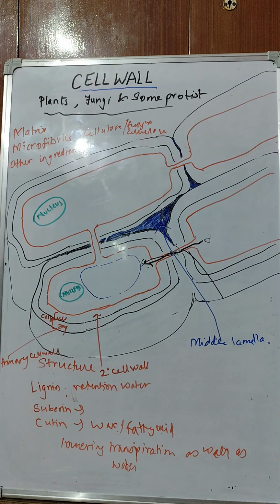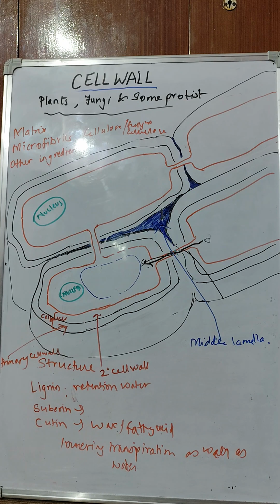So lignification and suberization is done. Suberin is a special fatty substance that is generally present in the wall of cork and endodermal cells.